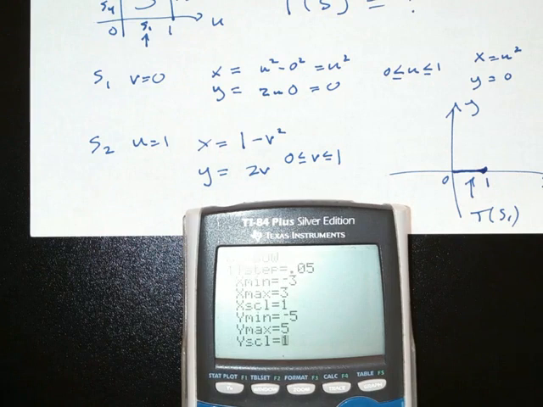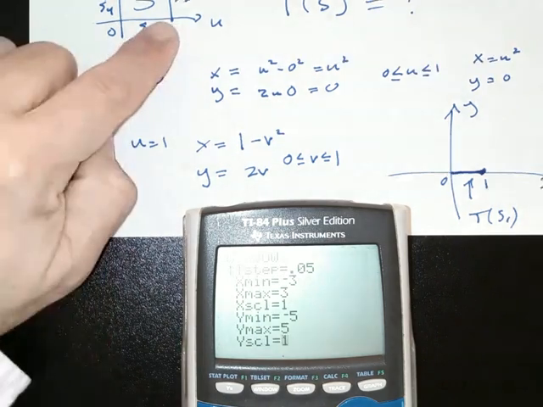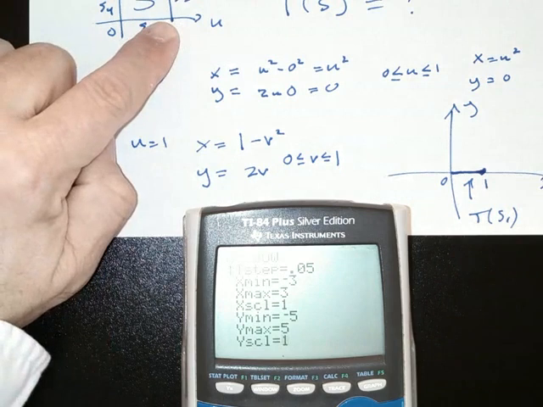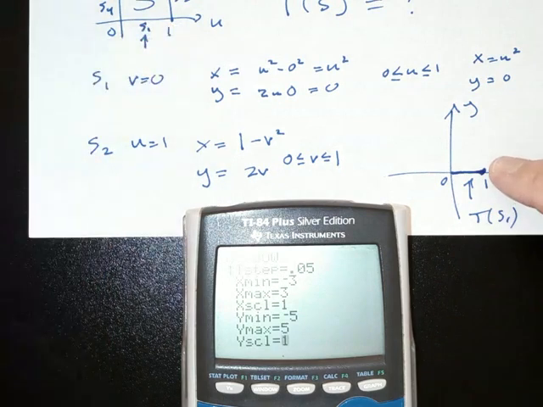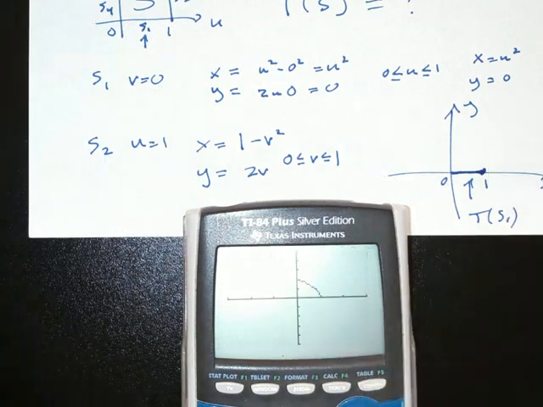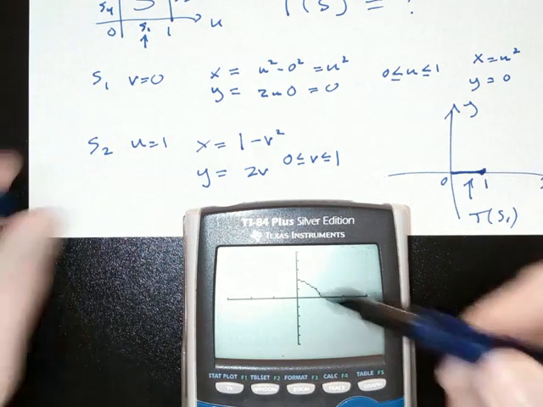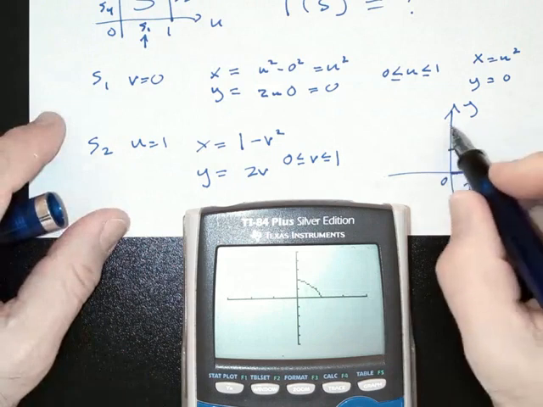I'm going to look at a small section of the graph because these two pieces meet at this corner. Side 1 meets side 2, so I would expect their images to meet at this corner. Let's graph this. I see part of a parabola, and it goes up to a height of 2.